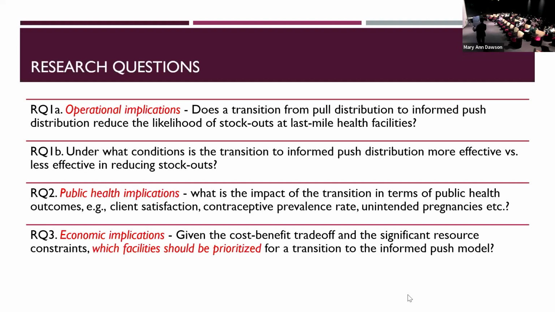And then finally, what we also look at, and this is the main purpose of this work, given the cost-benefit trade-off and the significant resource constraints, which facilities should actually be prioritized when transitioning to the informed push model? Okay, so those are the research questions that we look at in this work.